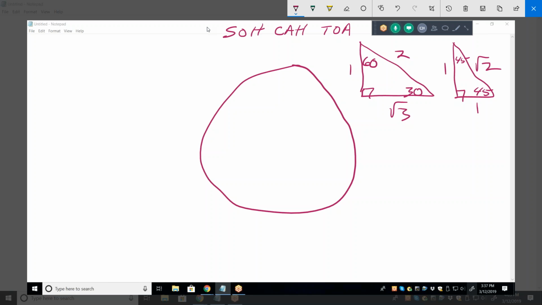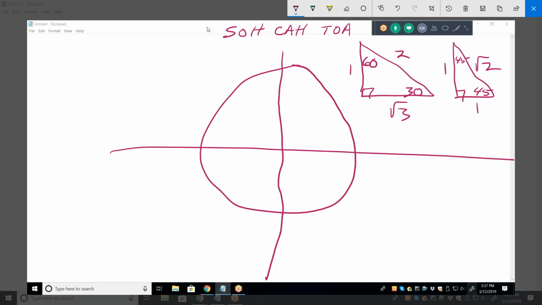Okay? All right. Now, let me put what appears to be an XY coordinate axis in there. Really isn't. This is a polar axis. And it's called the unit circle because the radius is always 1. Doesn't matter where that radius goes. It's always positive 1.